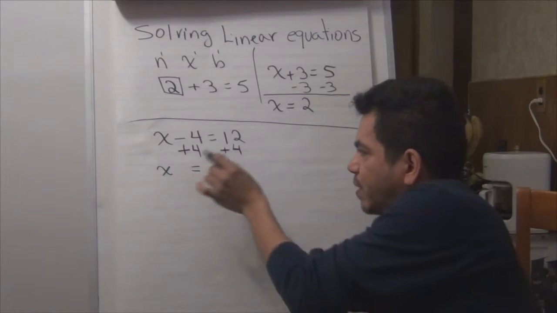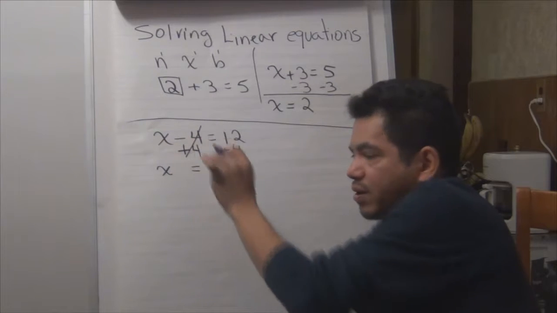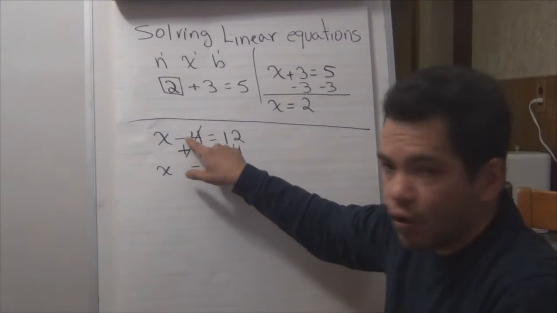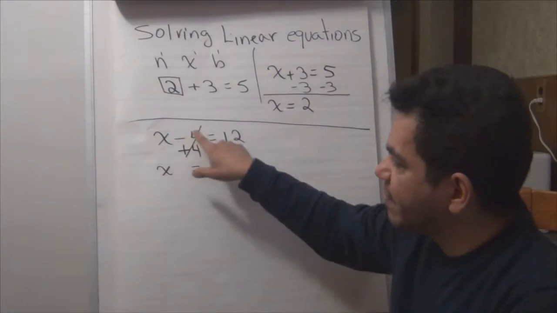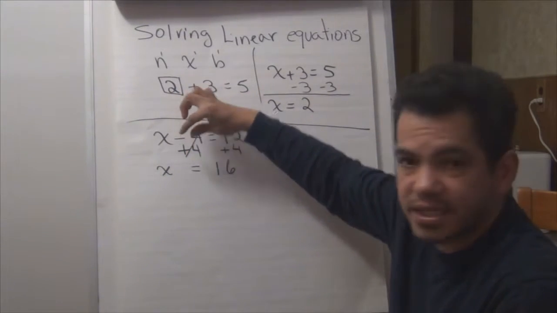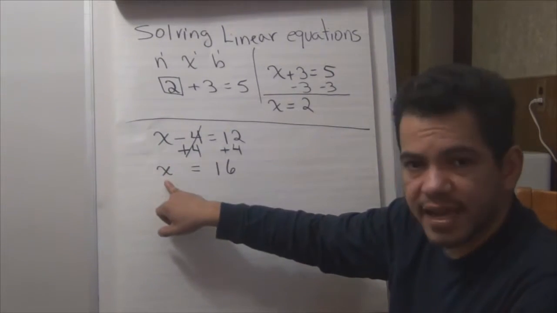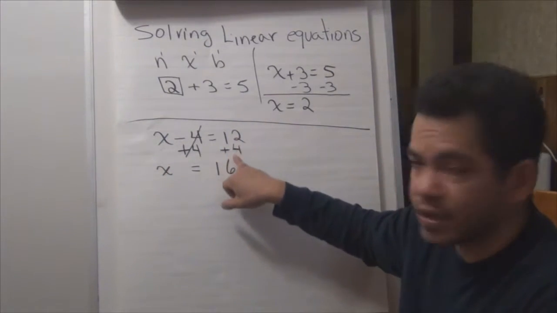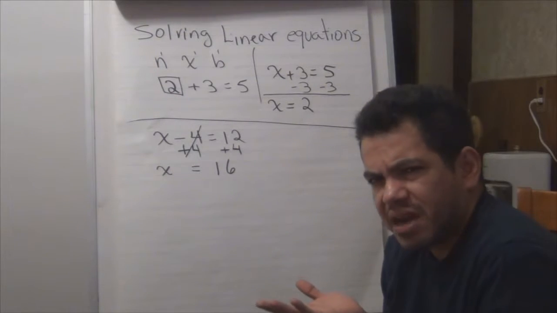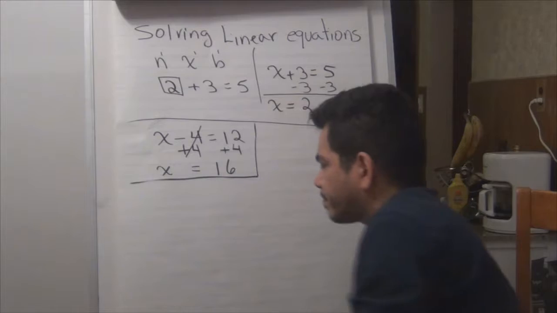Plus 4, and now x, this cancels out because negative 4 plus 4 is 0. They're opposites, they cancel each other. So I just bring down the x. And then 12 plus 4 is 16. Right? Okay, cool. So that takes care of this one.